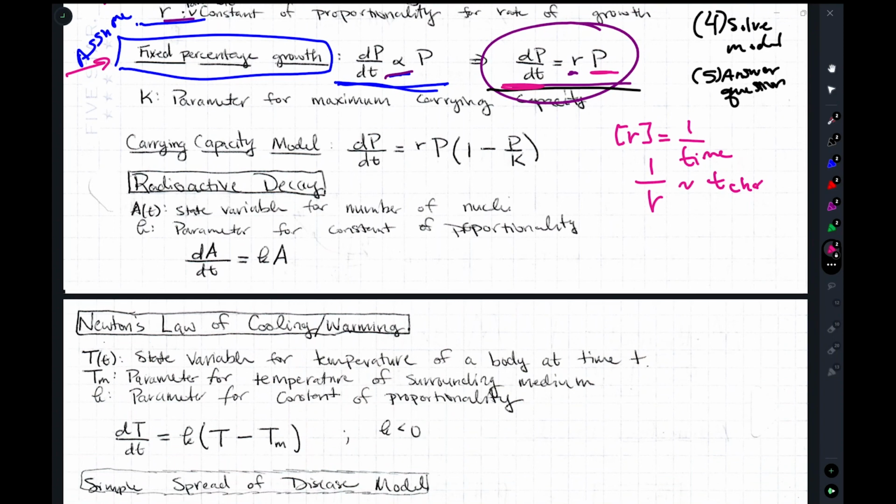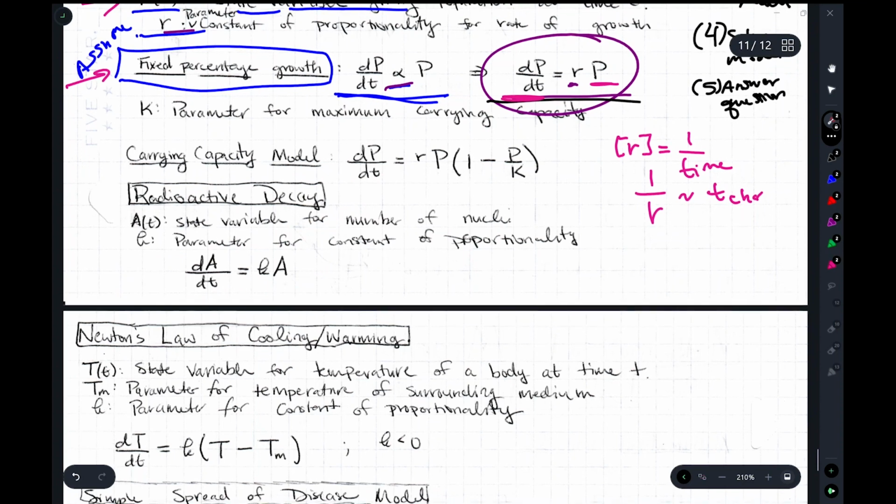So here, we could look at radioactive decay. And just something to note about radioactive decay is that the form of the equation looks exactly the same as the fixed percentage growth, okay? The only difference here is that we make an additional assumption that K is less than 0, okay? And so you get parent nuclei, they go down in number, so that our K is less than 0.